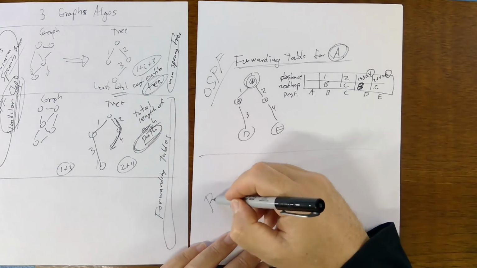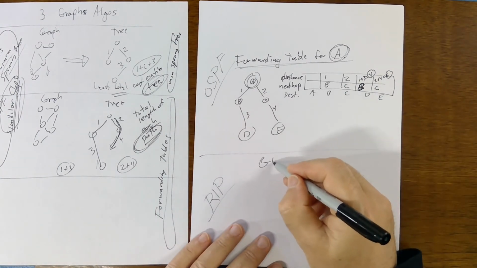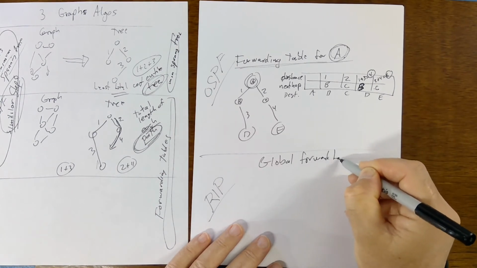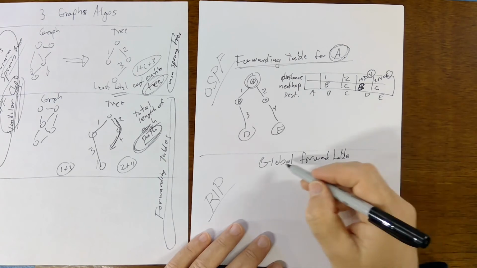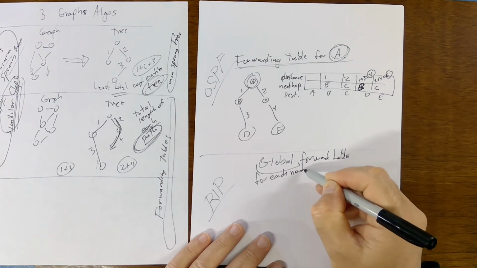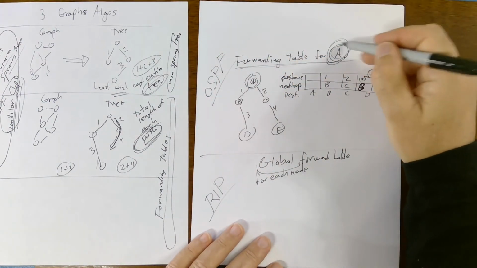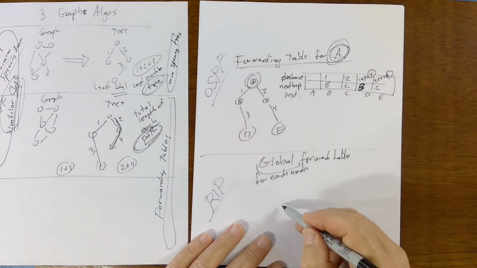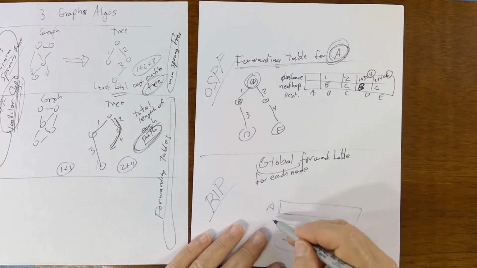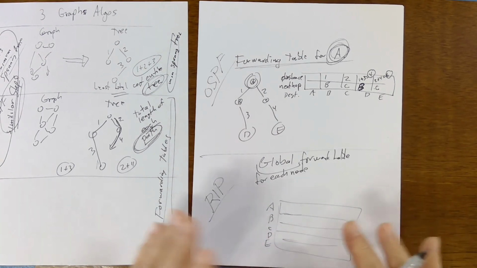Now RIP is going to generate a global forwarding table. Basically, what I mean by global is for each node. So whereas OSPF just generates a forwarding table for a given node, you're going to get a forwarding table for every node.